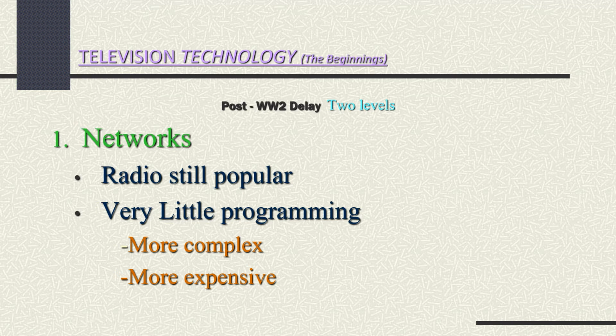They couldn't really do the types of entertainment programming that radio was doing, because radio programming was very simple. It was basically people standing in front of microphones acting while reading their lines from scripts. That doesn't make for good television. Television programming was more like theater programming.